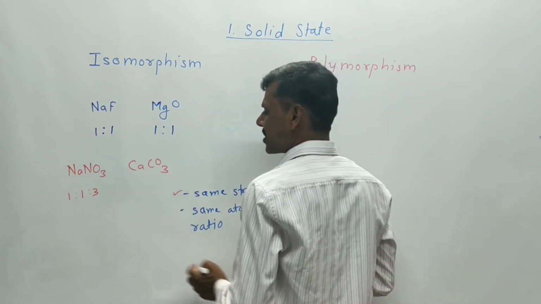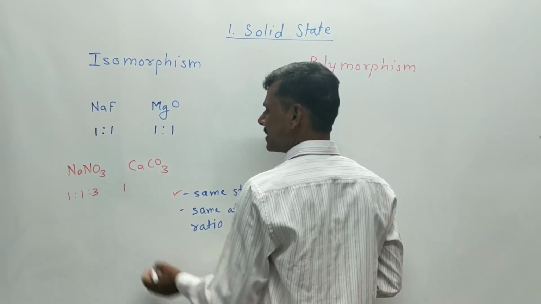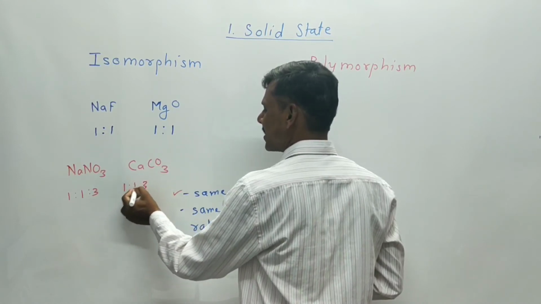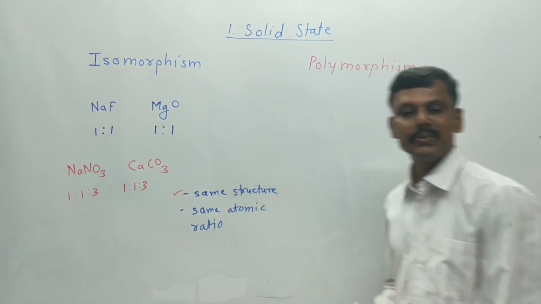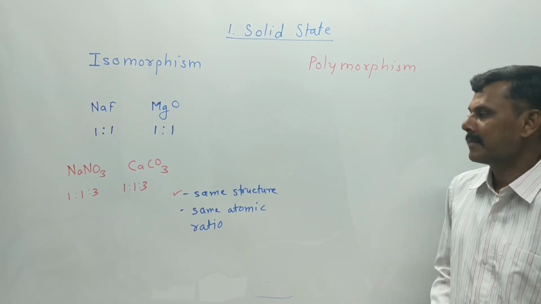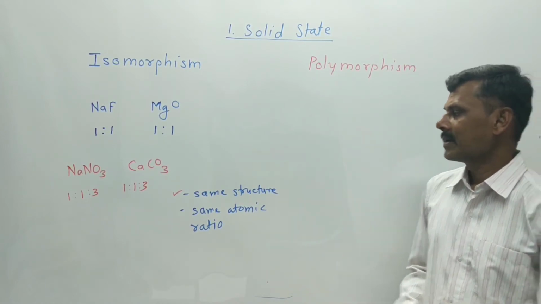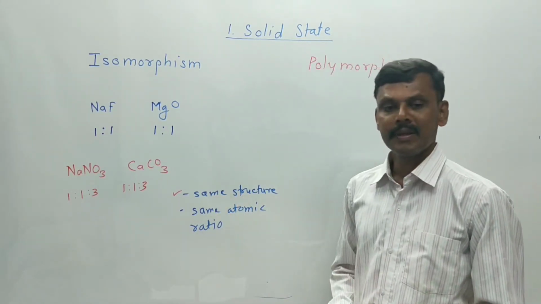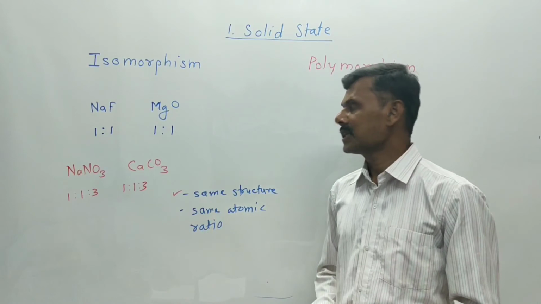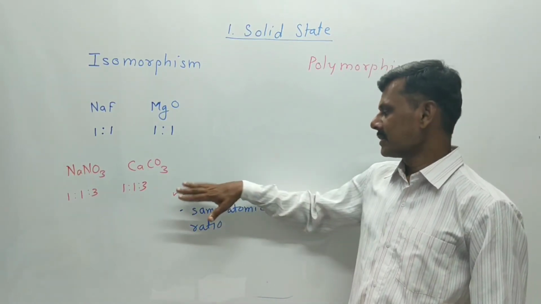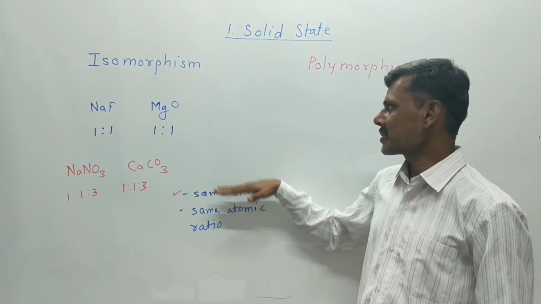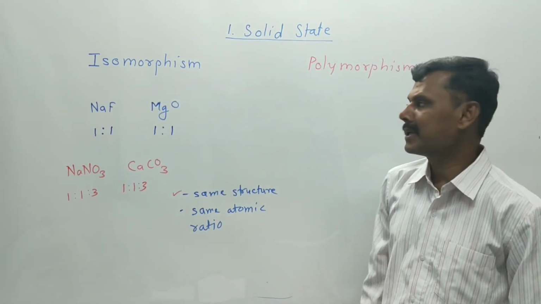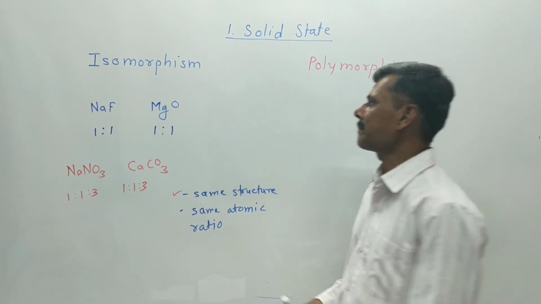In case of calcium carbonate, one calcium atom is there, one carbon atom and three oxygen atom, so the ratio is 1:1:3. In this example, different compounds are there, but their structure is same and their atomic ratio is also same. Since they have same structure, they are called as isomorphs, and the phenomenon is isomorphism.